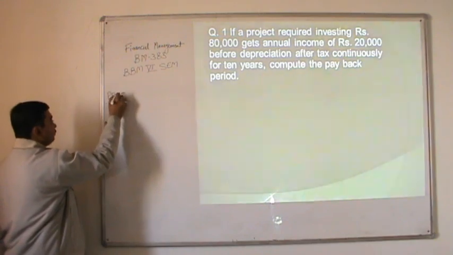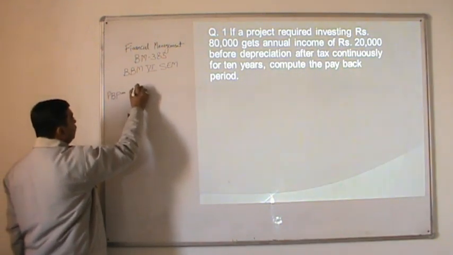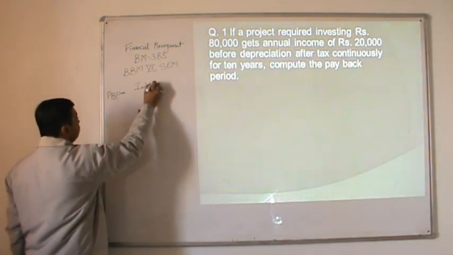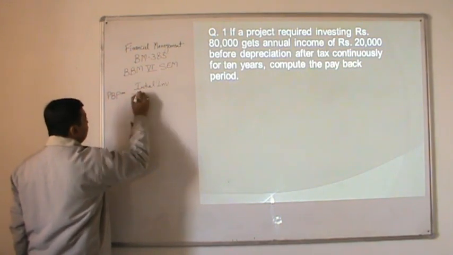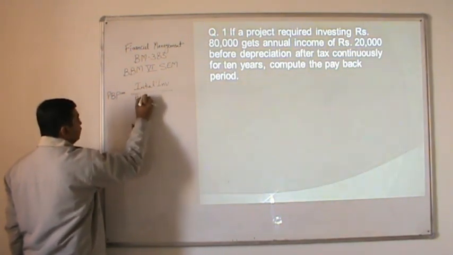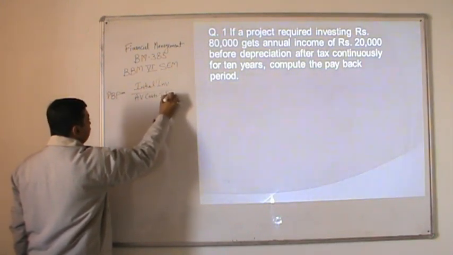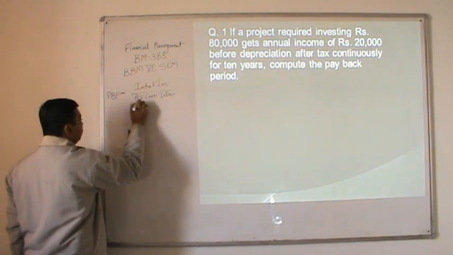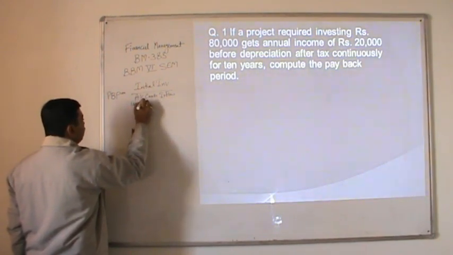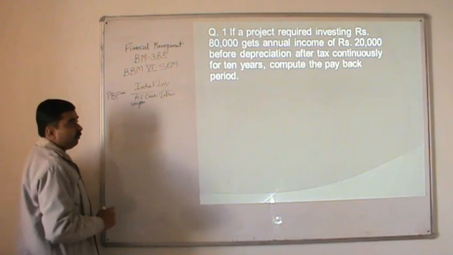Payback period is equal to initial investment upon average or uniform cash inflow.